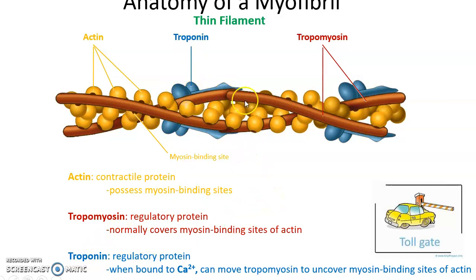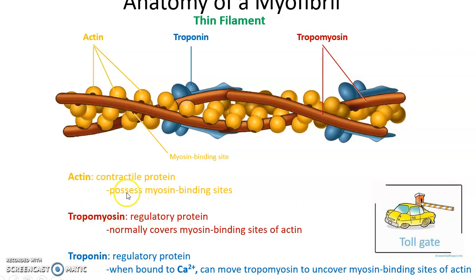And troponin is attached to tropomyosin, and when troponin binds to calcium ions, it changes shape, and when it changes shape, it moves the tropomyosin, causing the myosin binding sites to be exposed on the actin. So the troponin is what causes the toll gate to rise up to allow the vehicle to go through.